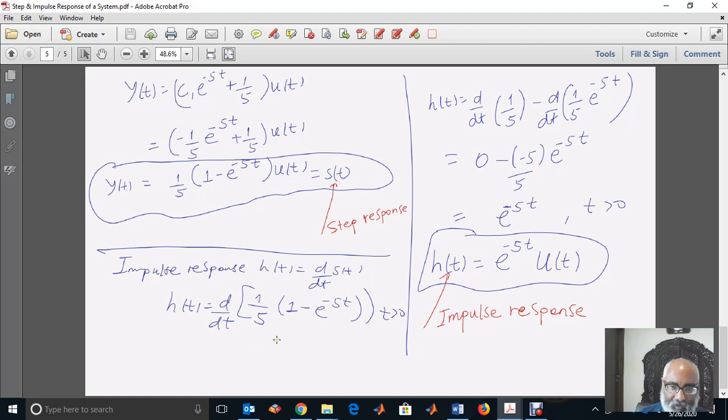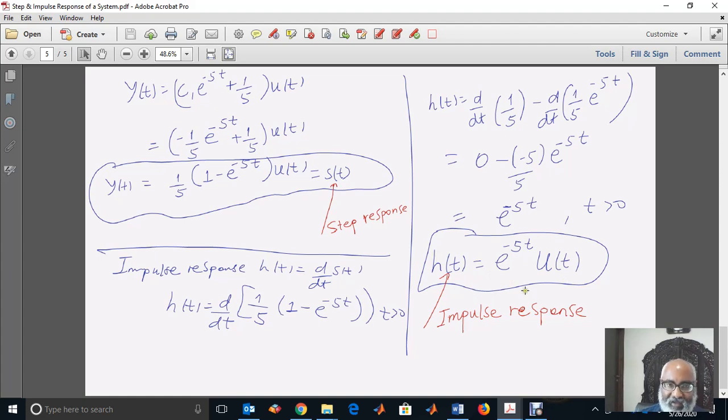So the derivative of 1/5 times (1 - e^(-5t)): the derivative of 1/5 is 0, and the derivative of this part is minus 5 over 5 times this, and this will be positive. 5 will cancel 5, and it will be e^(-5t) for t greater than 0. So the impulse response h(t) is e^(-5t) u(t). So this is the impulse response. We got it from the step response.